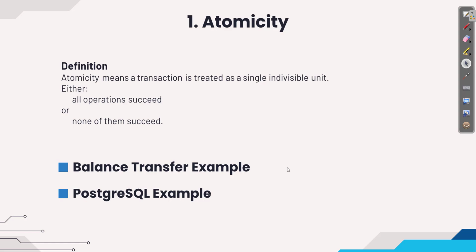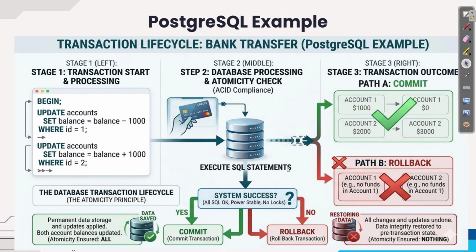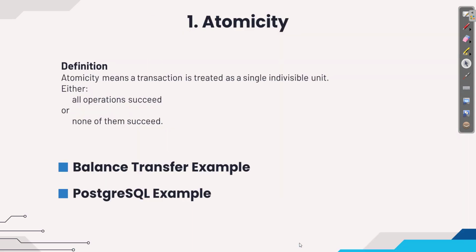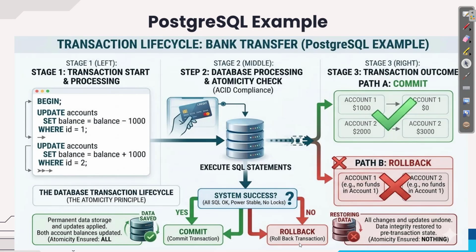So the bank balance transfer example, the same example you can see. If both statements are executed, then we will commit the statement, otherwise we will roll back. So this is the balance transfer example. The PostgreSQL example we have already seen.